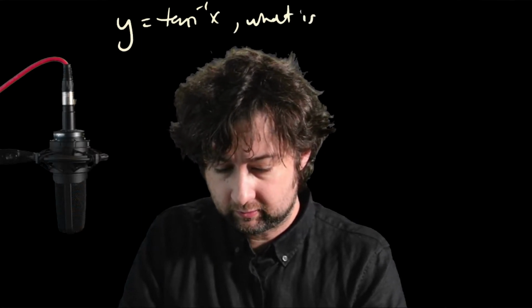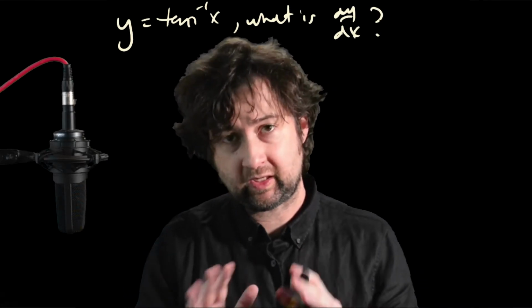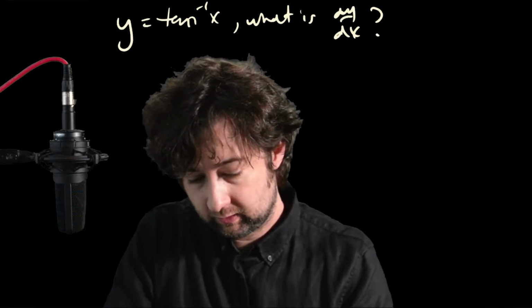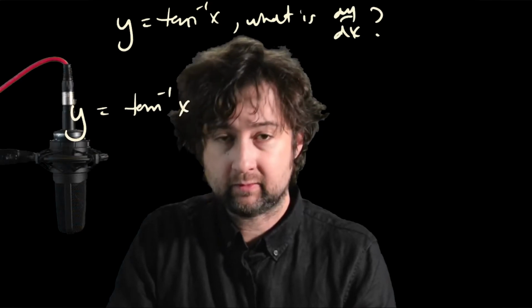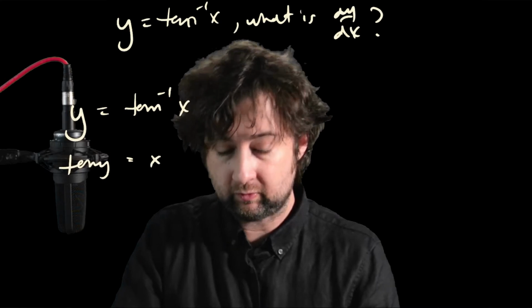If y is equal to the arctangent of x, what is dy dx? And we're going to do it the same way. We're going to approach this with implicit differentiation. So y being equal to the arctangent of x is the same as the tangent of y being equal to x.